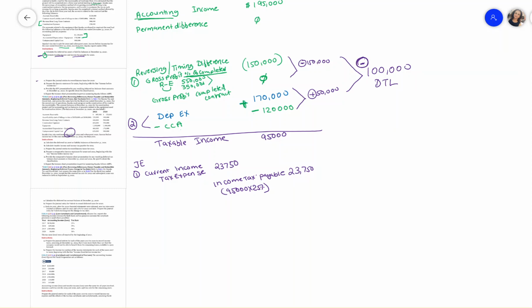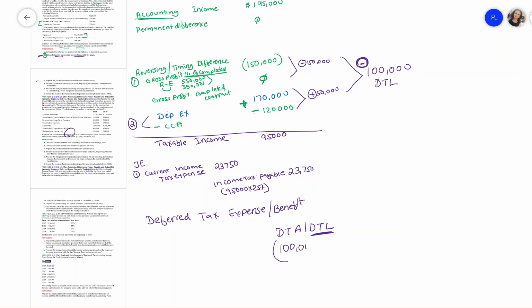So let's do the entry. We have a deferred tax expense, but since we are using one account, I'm going to put it in here as a benefit. Then we have a deferred tax asset slash deferred tax liability. If I'm putting this account as a credit, it will be a liability, and we said that this account is going to be a liability account. What is the amount?